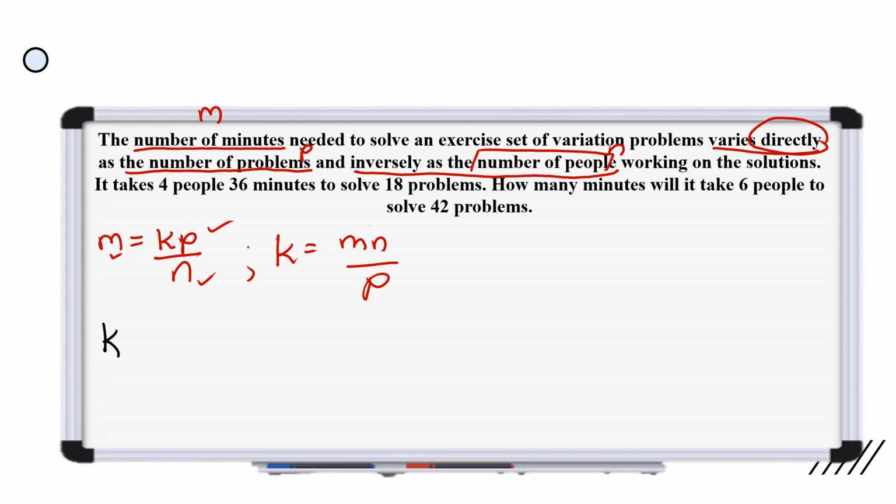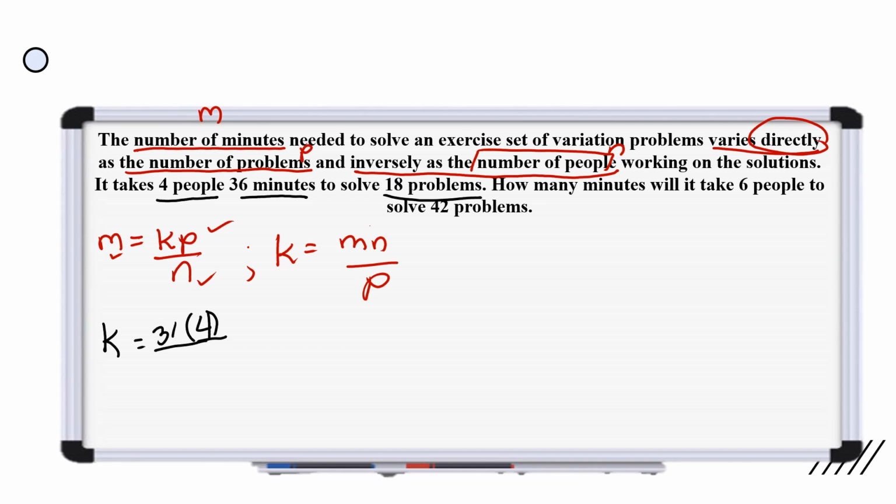So, we have here, it takes 4 people 36 minutes to solve 18 problems. So, ano yung 4 people na yon? Yung 4 people po na yon ay yung N. So, yung N natin ay 4. Then, 36 minutes.